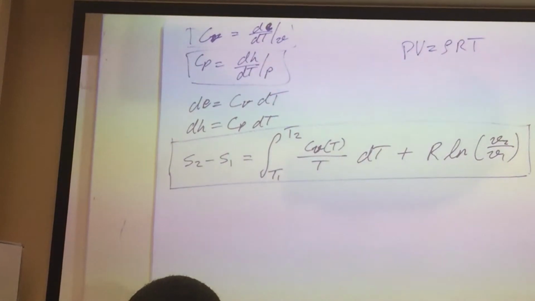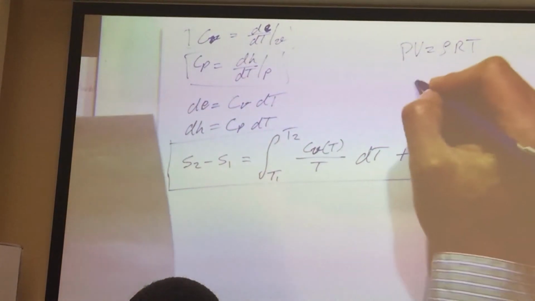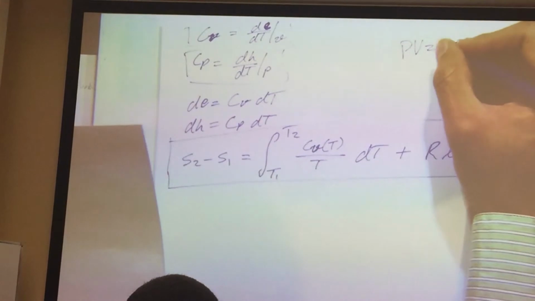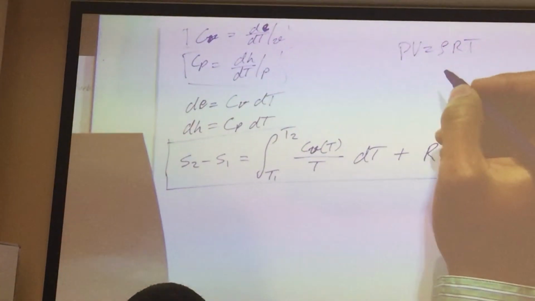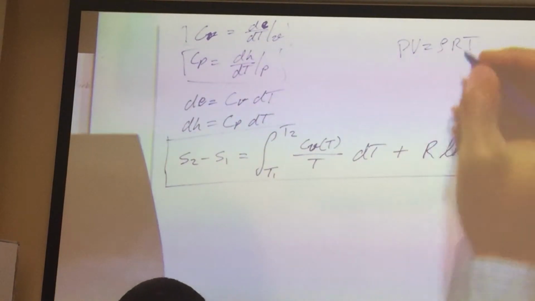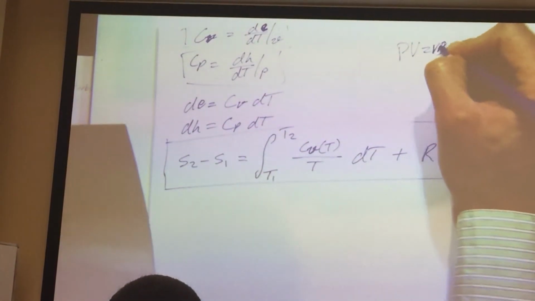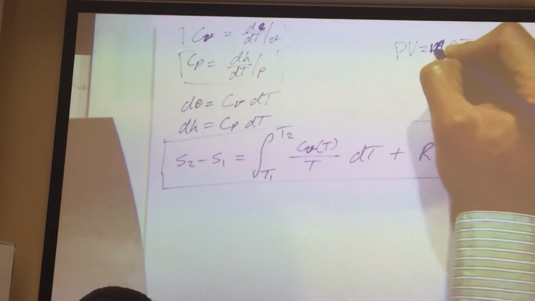Rho or V? Yeah, PV equals nRT, or PV equals mRT, in terms of specific volume.